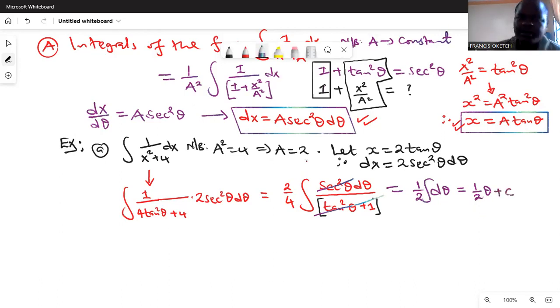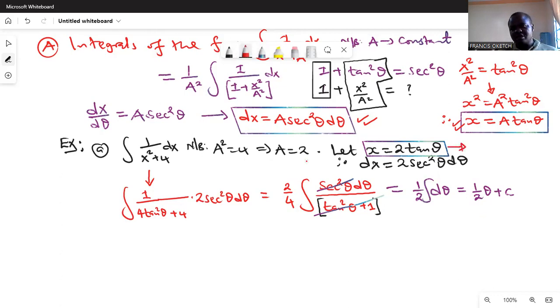Now that is our answer, but we have to replace theta. So where do we get theta from? Check where you defined your theta. We said let x be equal to 2 tan theta. So from here, check the one I've bracketed. From there, you can make theta the subject.